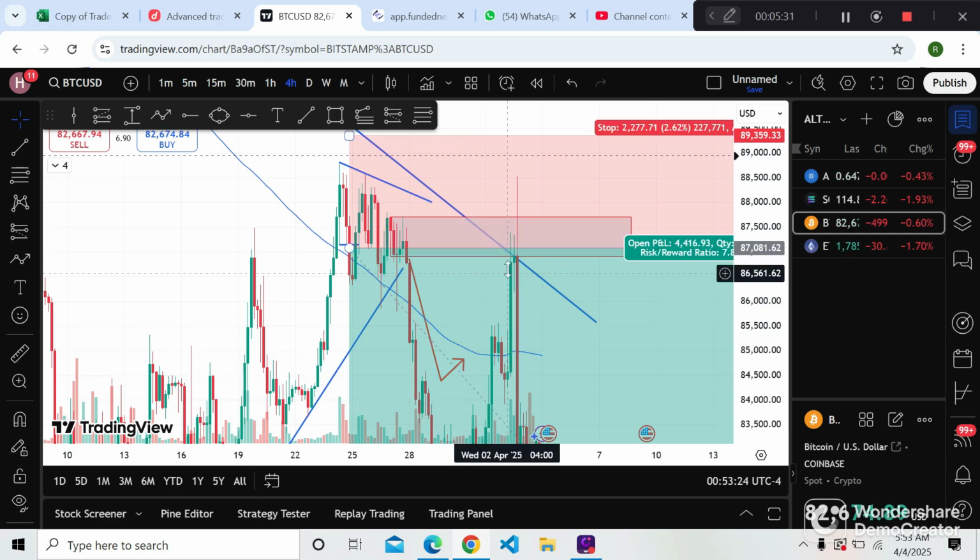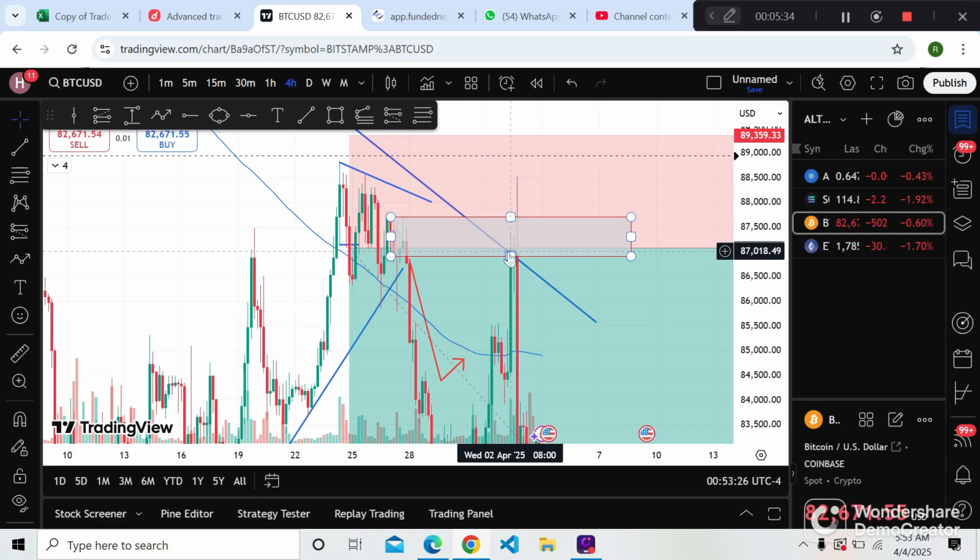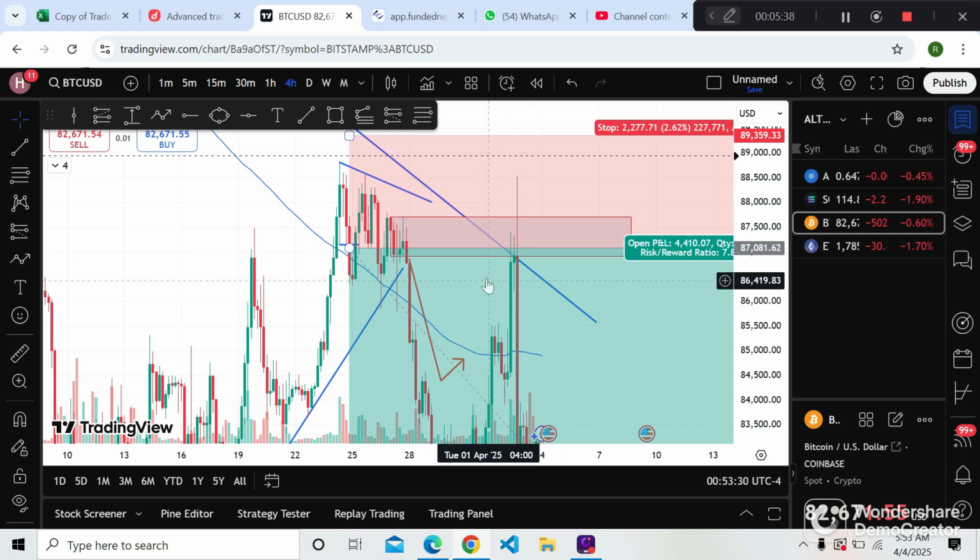And you can see during the retest of this order block, although I had made my entry before this order block, it was just a means of a second entry for me. Although I didn't use it, I used it more as a confirmation for myself.